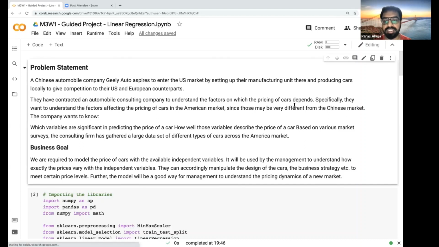We have this data with us that tells us all the car-related properties as well as the car price. Now we have to come up with a model that helps us solve a business problem, and that business problem is to get the optimum price for the cars that Geely will be manufacturing in the US.